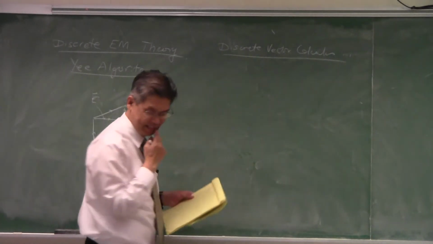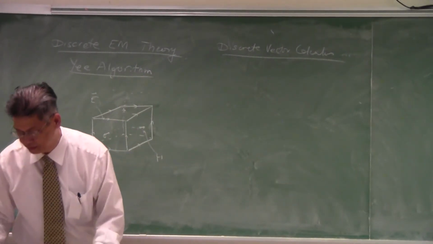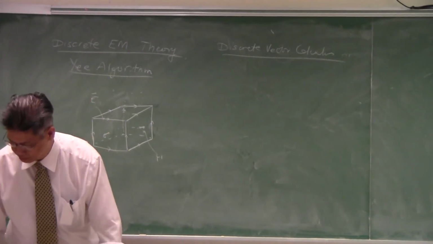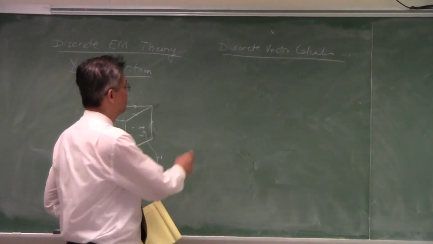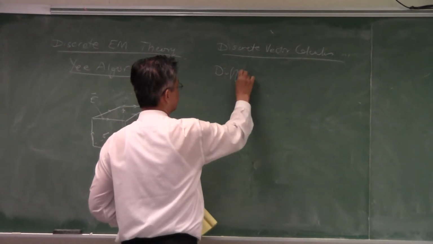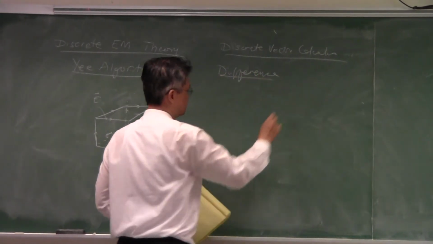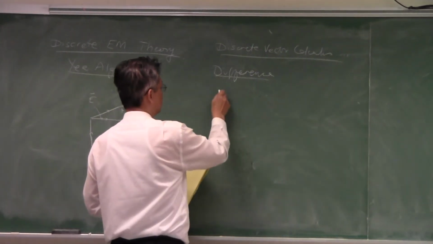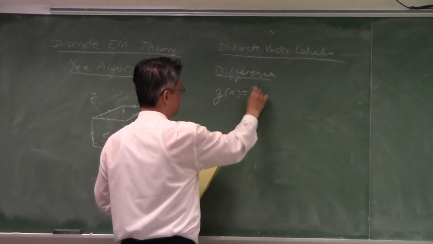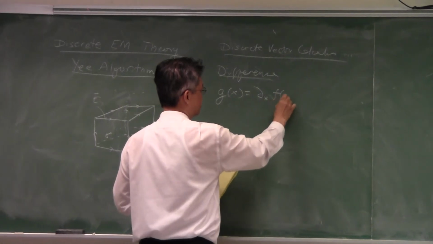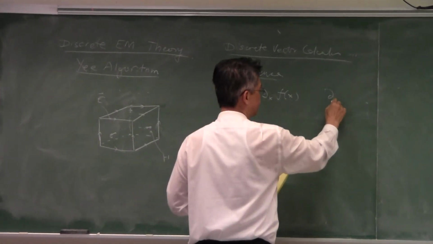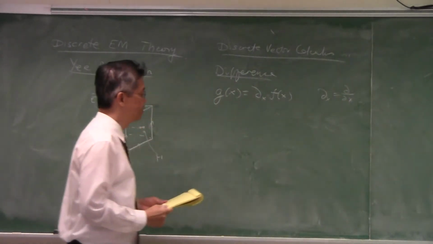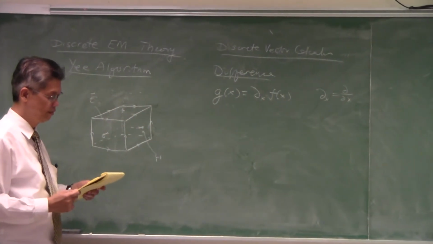And before we do that, let's study what the difference is. The difference, a finite difference, in a continuum world, we will have this as a partial derivative. I will use this notation as many mathematicians do to stand for partial x. Okay.